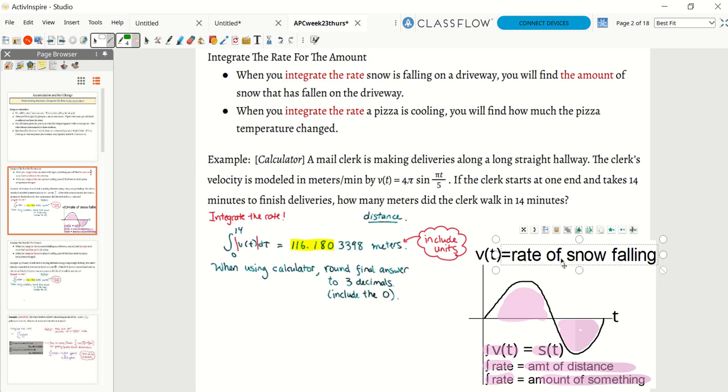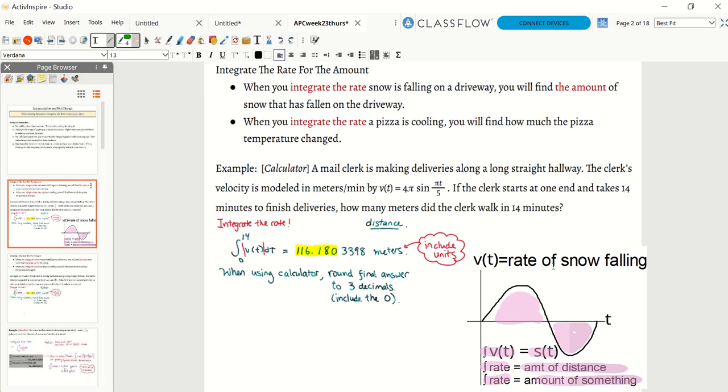Also, if v of t is the rate that pizza temperature cools, say it cools by, I'm going to make something up, 2 degrees Fahrenheit per minute, I just made that up, then if you integrate that rate, you will get the amount that the pizza cooled by.